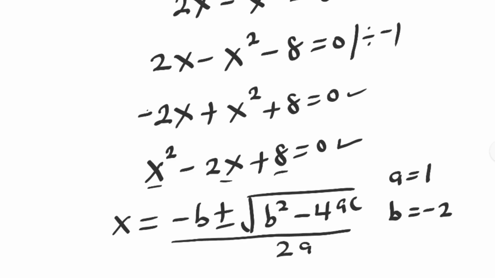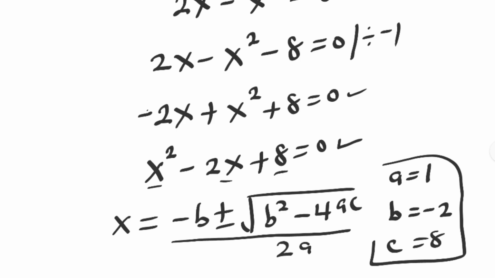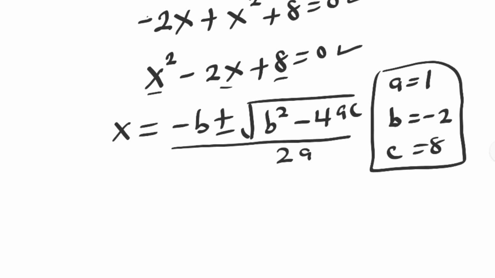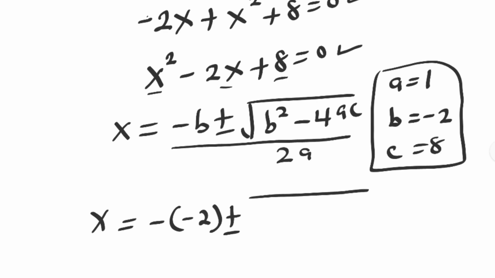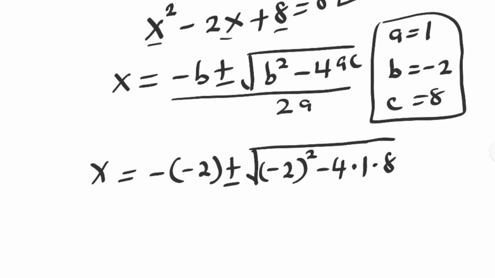And the constant is 8. c is equal to 8. x is equal to minus bracket minus 2 plus or minus square root of minus 2 squared minus 4 multiplied by 1 multiplied by 8 all over 2 multiplied by 1.